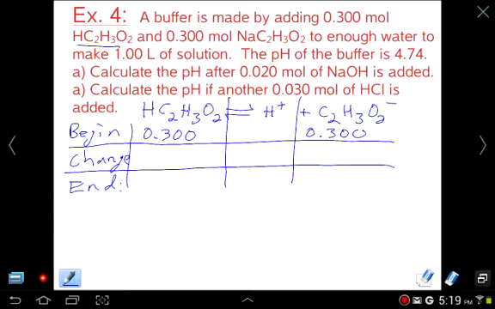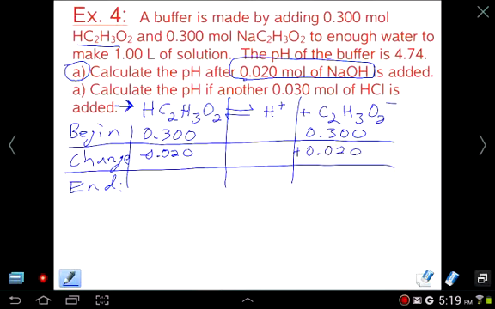And then we're adding, in part A, let's do part A first, we are adding some NaOH. Now NaOH is a strong base, so when the strong base comes into the buffer, it will reduce how much acid we have. So what we'll do is we'll subtract 0.020. Now as we subtract 0.020 here, based on stoichiometry, this means we have to add the same amount, 0.020 here.